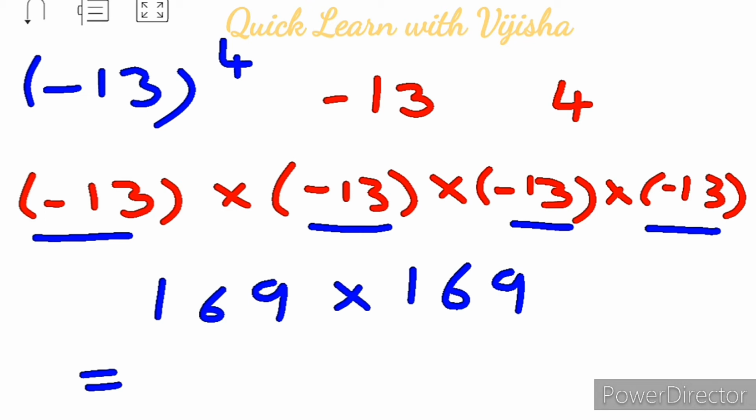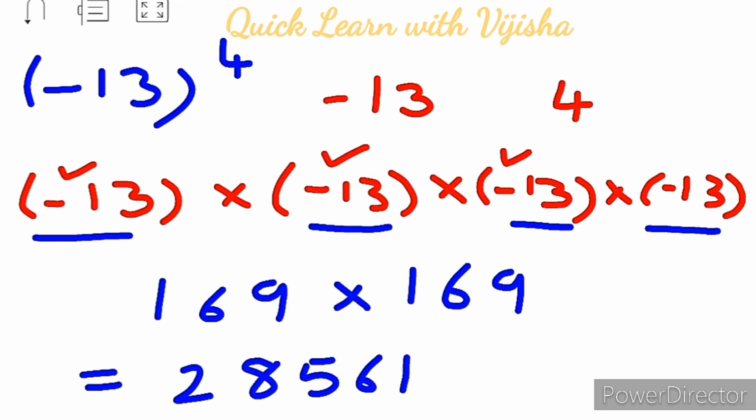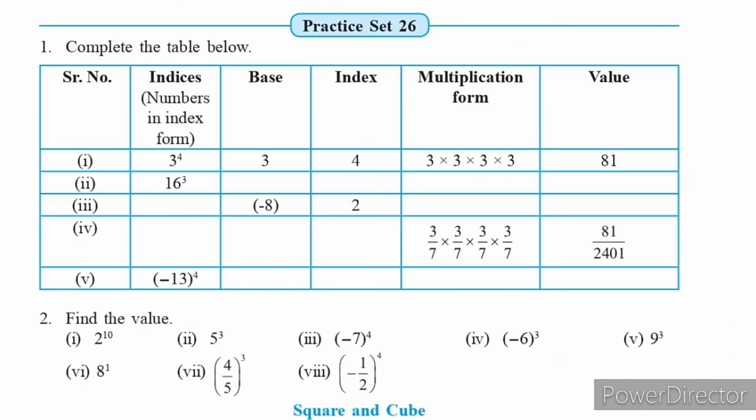Now coming to this, 169 into 169 will give you the answer as 28561. Don't forget the signs, 4 signs are there. Minus and minus will give you the answer as plus. Again 2 minus will give you plus. Now plus plus will become plus. Understanding, children?